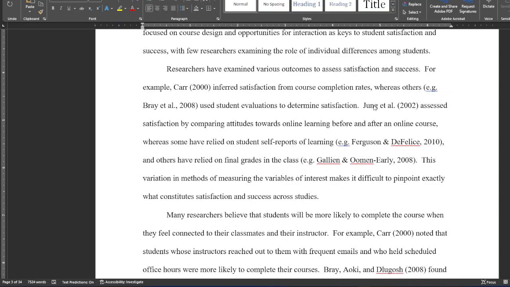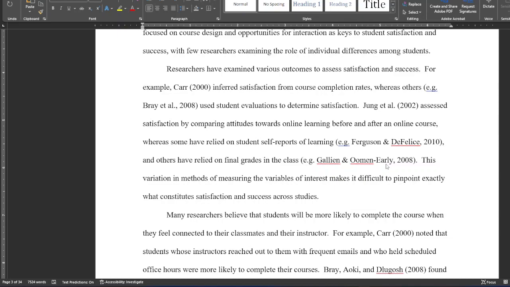When you make a citation, it will be assumed that everything you say until another citation is attributable to that first one. So Jung et al. assess satisfaction by comparing attitudes towards online learning before and after an online course, whereas some have relied on student self-reports of learning, for example, Ferguson and De Felice, and others have relied on final grades in the class, for example, Gallian and Uman Early.